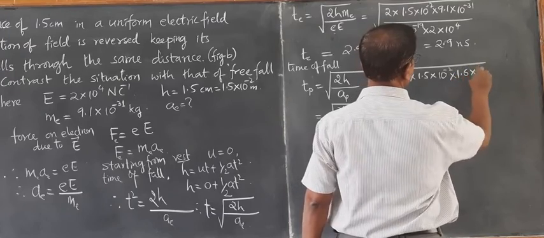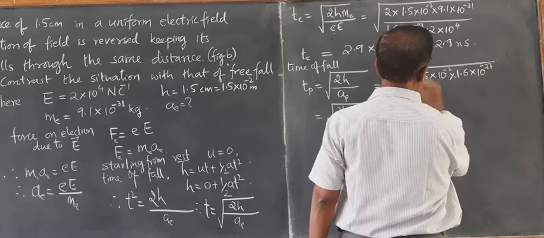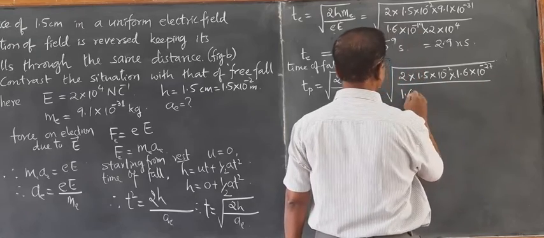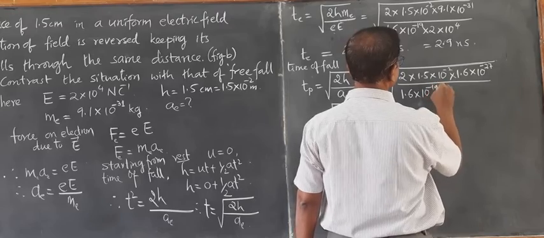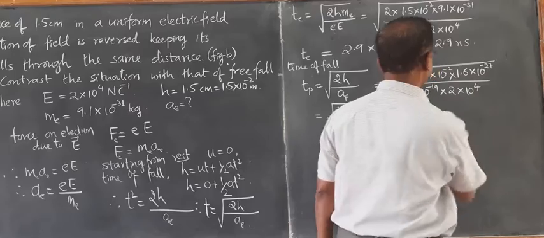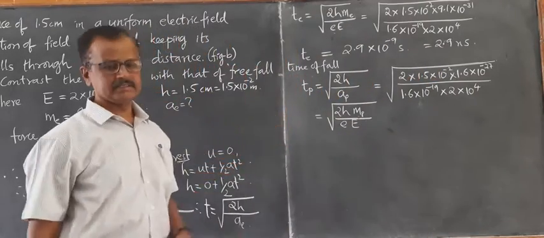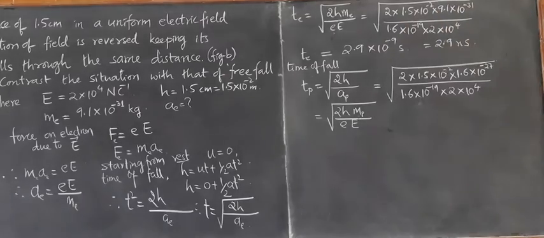1.6 into 10 to the power of minus 27 kg, whole divided by the charge of proton and electron being the same, and the electric field is also the same. So if you calculate this, the answer comes out to be a little longer time.